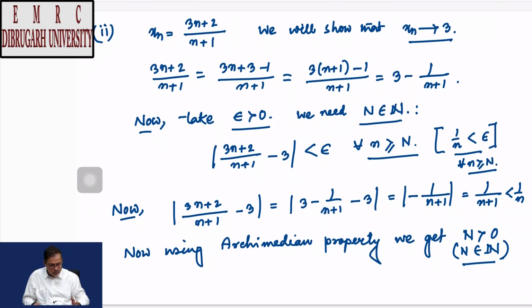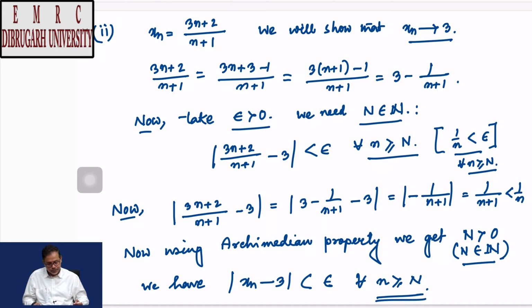We are using both equivalently. We have |xn - 3| < epsilon for all n greater than or equal to this capital N. Okay, this completes the proof of this result.